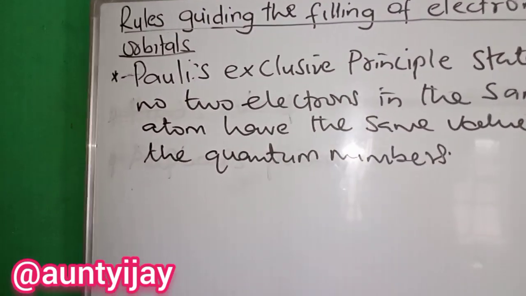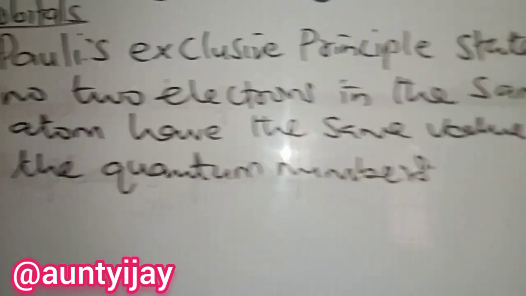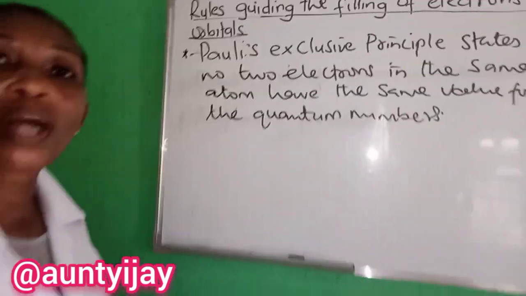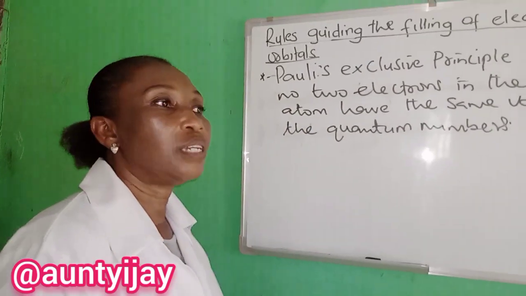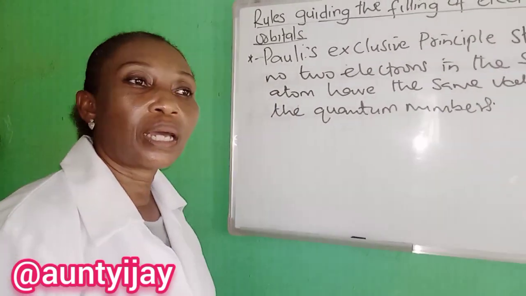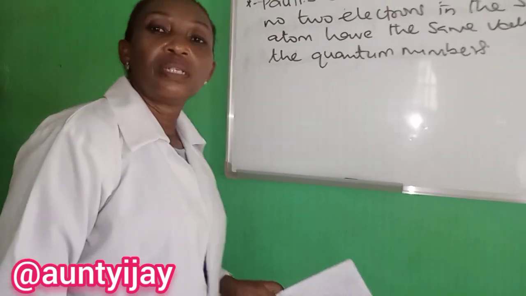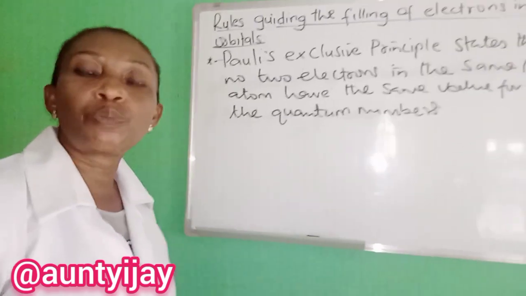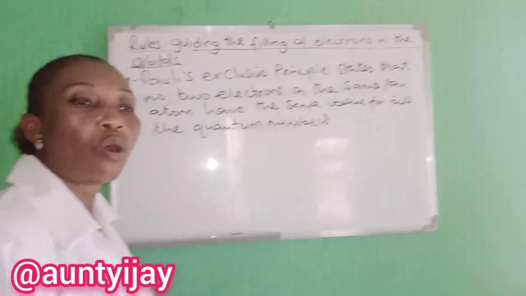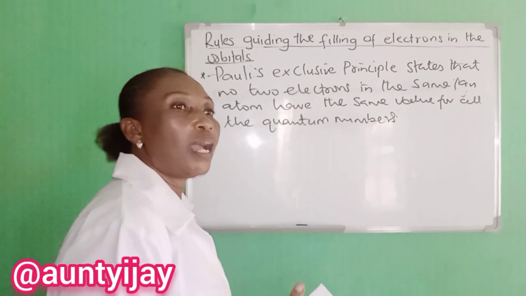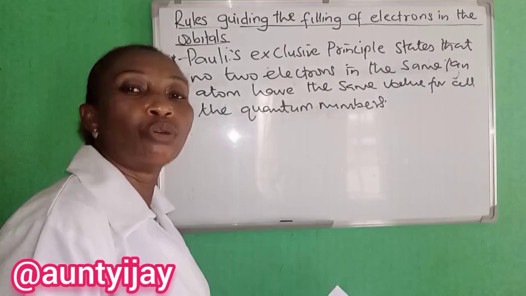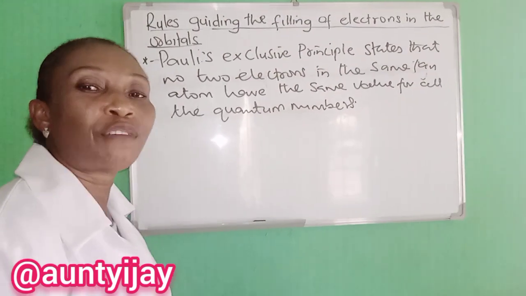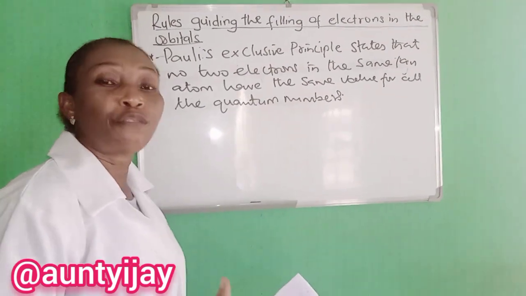Recall the quantum numbers we talked about in our previous videos. We talked about the principal quantum number that gives shells number 1, 2, 3 and so on. We talked about the azimuthal or subsidiary quantum number that talks about the s, p, d, f orbitals. Today we are also going to introduce the magnetic quantum number, which talks about how the electrons are deflected in an electromagnetic field.